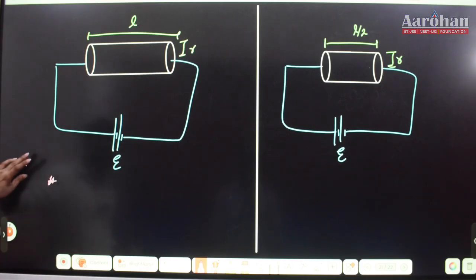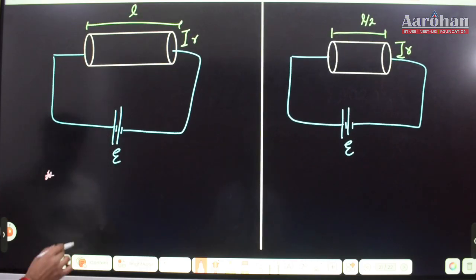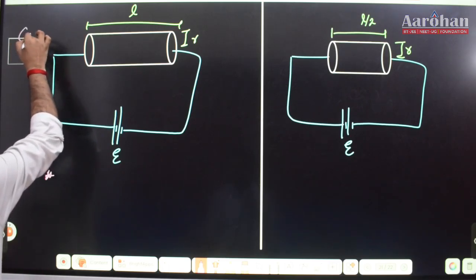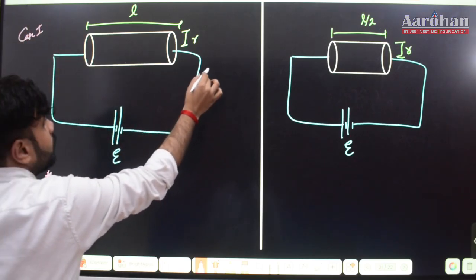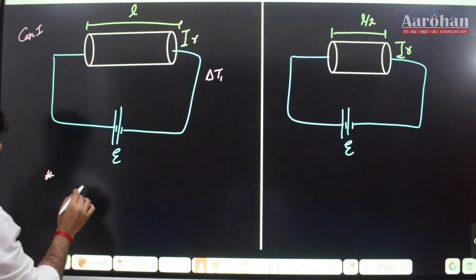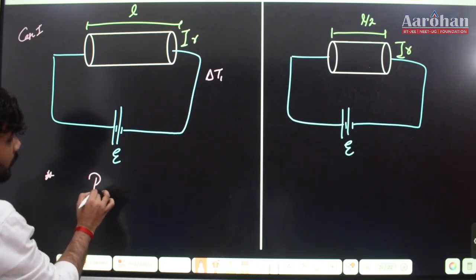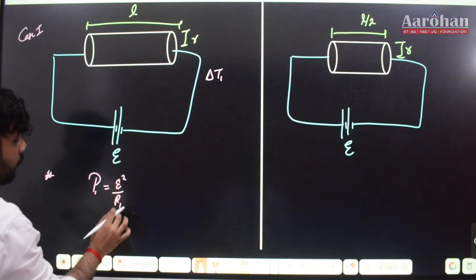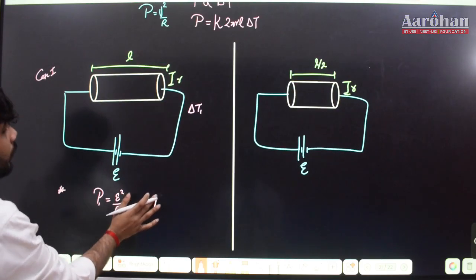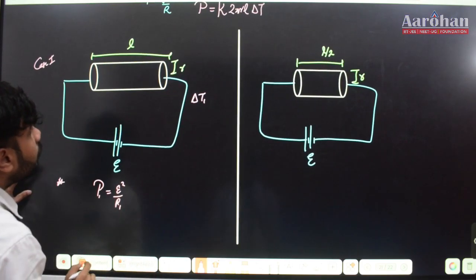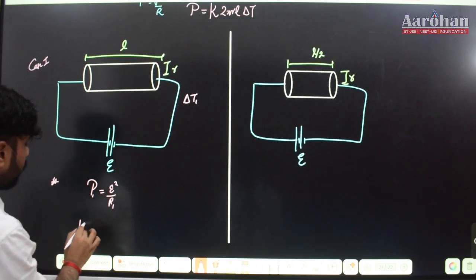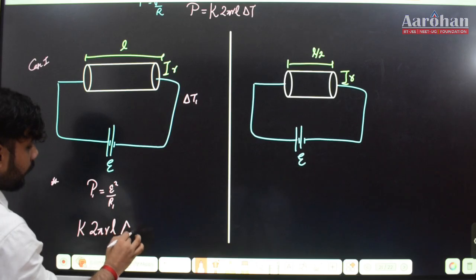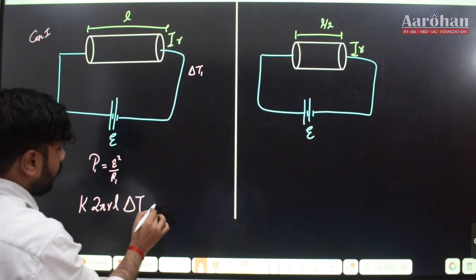So now what we can do in case 1, let's say the change in temperature is delta T1. So we can write P equals P1 equals V square or E square by R1. Similarly, we can write power as K 2 pi R L delta T1, right?